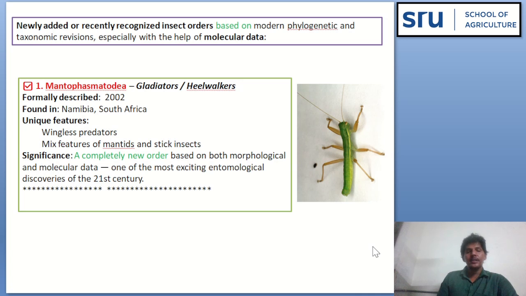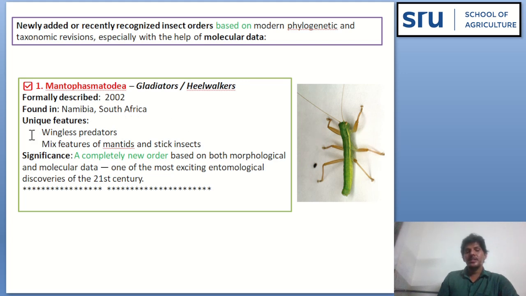A newly added or recently recognized insect order, based on modern phylogenetics and taxonomic revisions, especially with the help of molecular data, is the Mantophasmatodea. Examples are the gladiators or heel-walkers, formally described in 2002, found in Namibia, South Africa.